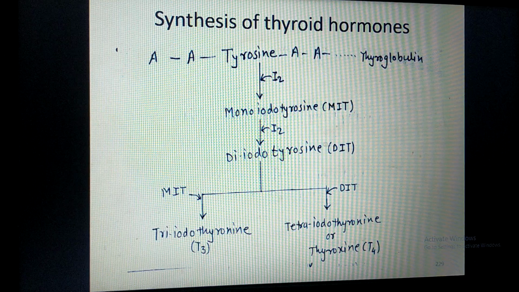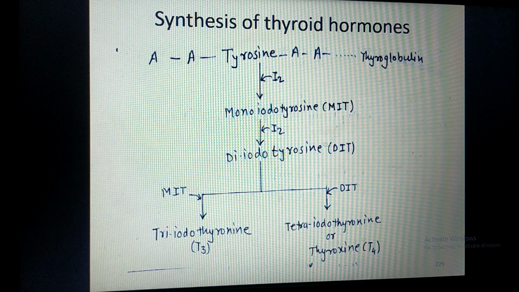Thyroglobulin is present in the thyroid gland, which is a protein that contains tyrosine. When an iodine atom is added to this tyrosine, it becomes monoiodotyrosine, MIT. If one more is added, it becomes diiodotyrosine.